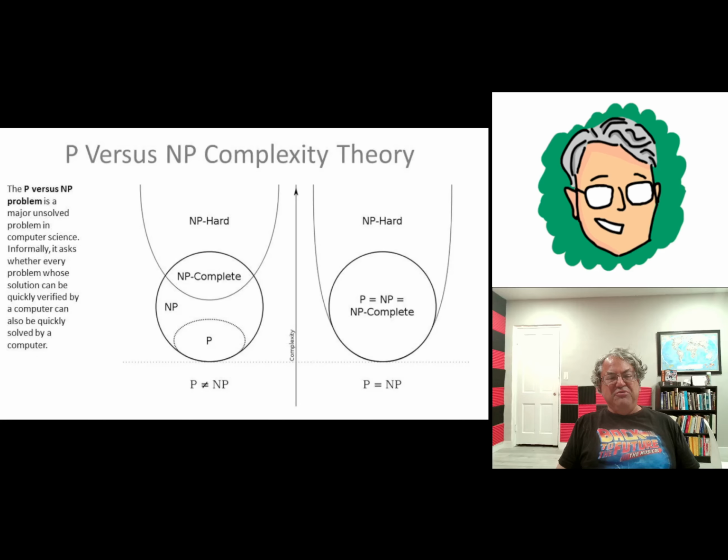If somebody proved that P was equal to NP, that would mean that at least in principle, every classical crypto system, in other words, every crypto system that uses a classical computer to solve, could be broken. I'm not talking about quantum computers now. That's another ball of wax, but just classical computers, which is the computers that most of us are familiar with.